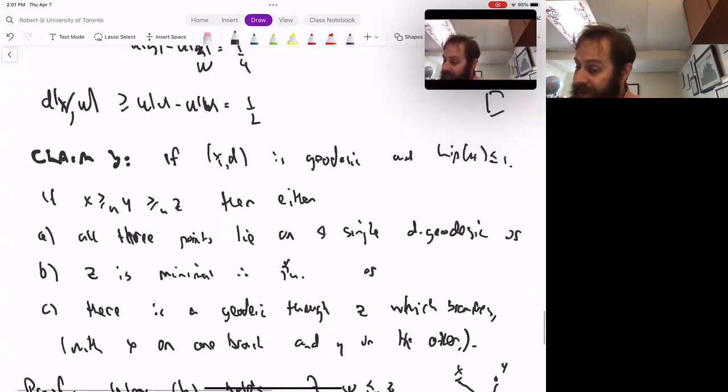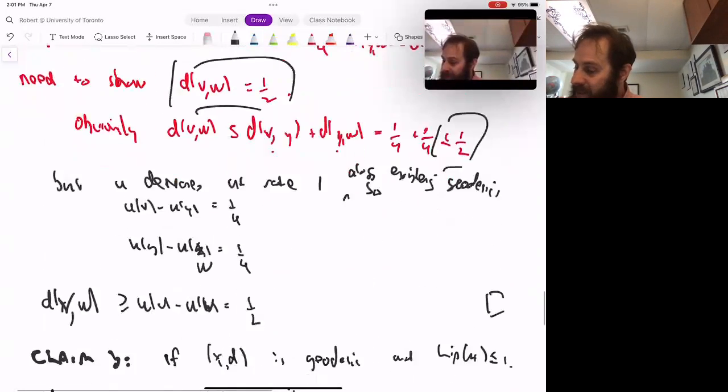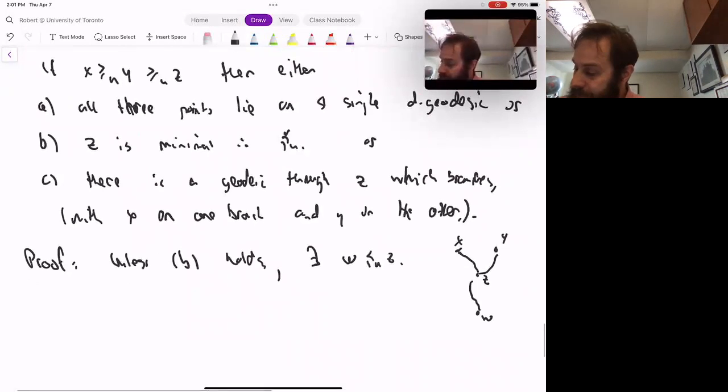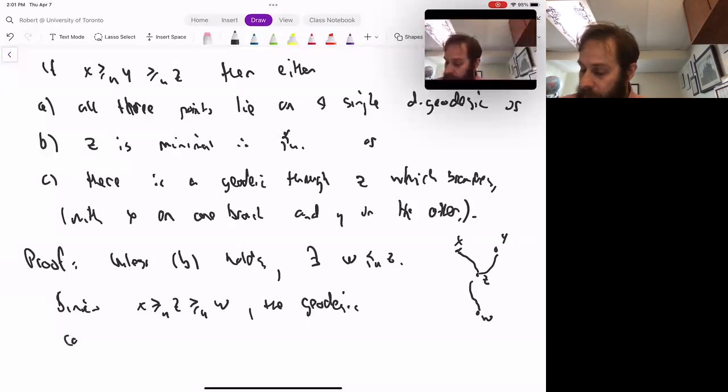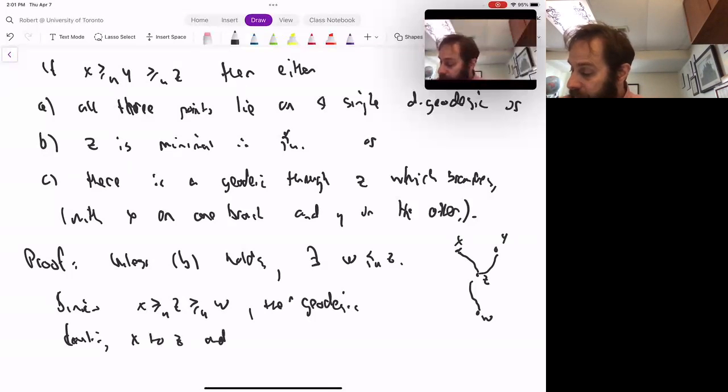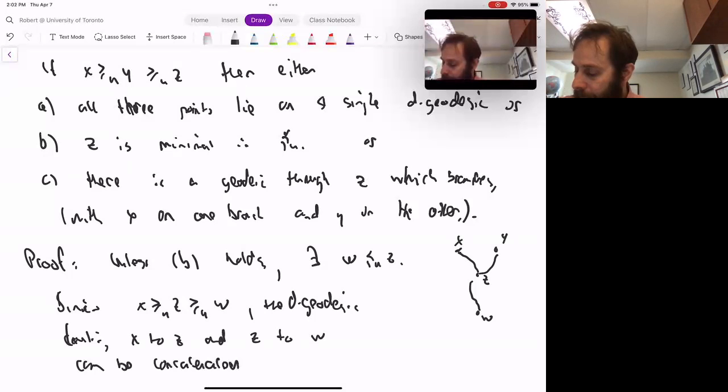And by the previous lemma, since X dominates Z dominates W, the geodesics linking X to Z and Z to W can be concatenated, in other words, to form a new geodesic.